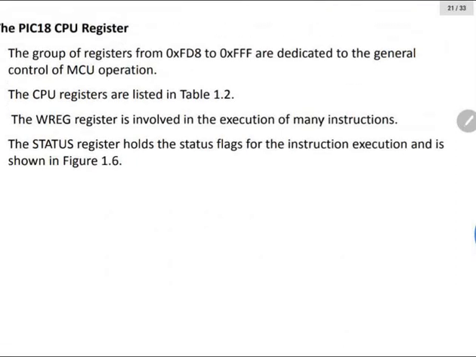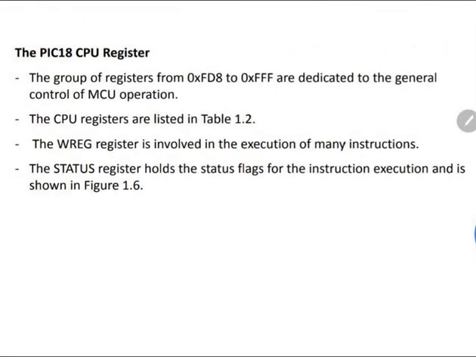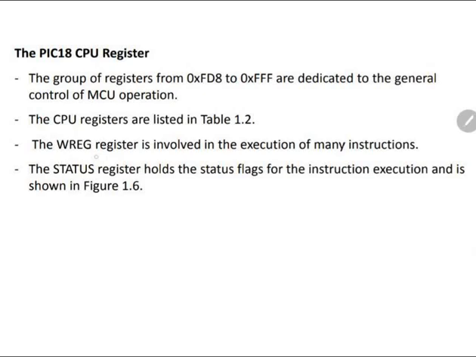So we are going to see the first two, which are the working register, WREG, and then the status register. The working register is involved in the execution of many instructions. Later on, when we go into instruction categories, we will see how the working register is affiliated with most of the instructions, and you will understand why we have it.